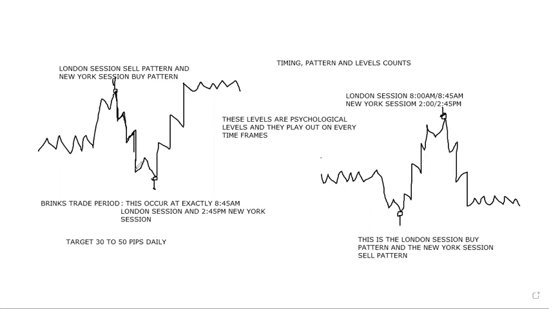Three, then the market resets. It gives us a W formation for the London session. So we have another one, two, this is it, then three, then the market ranges. As you can see, three.